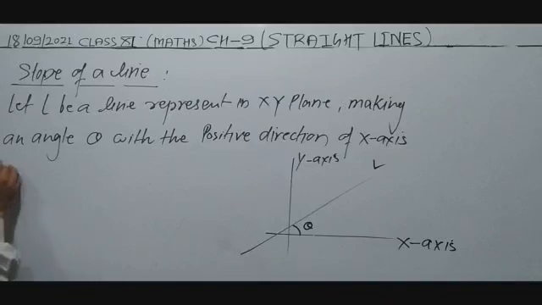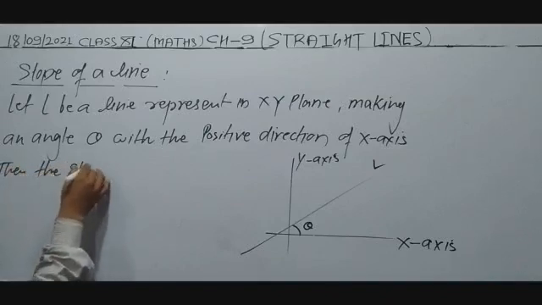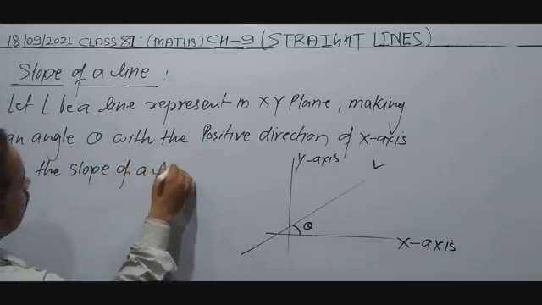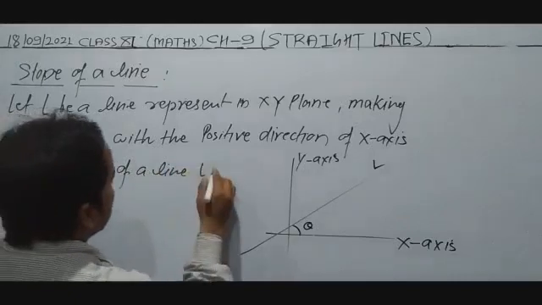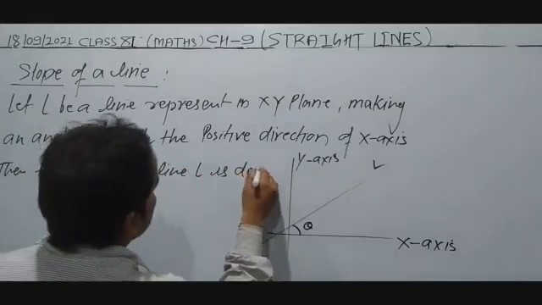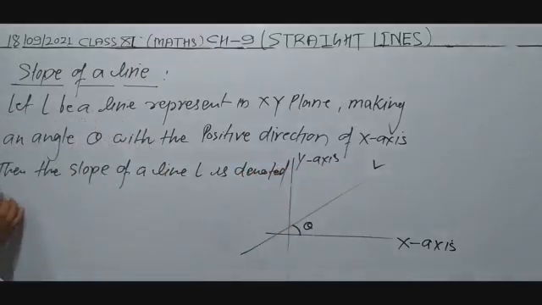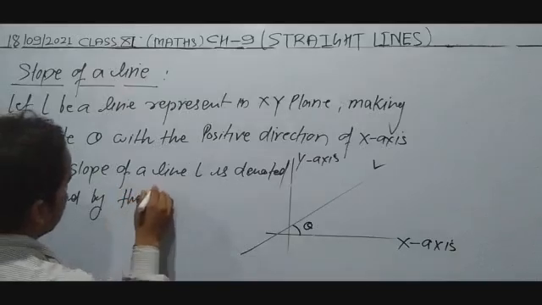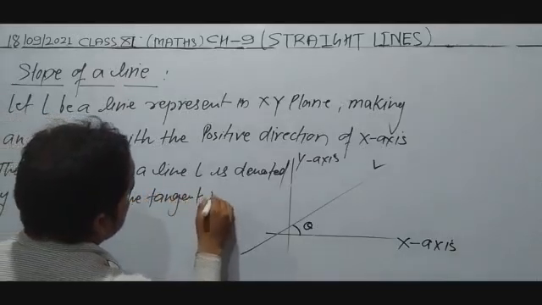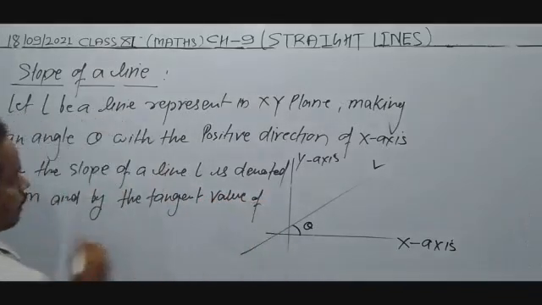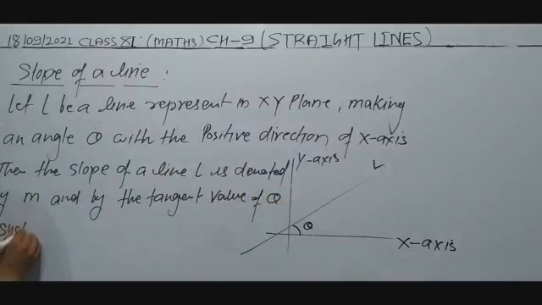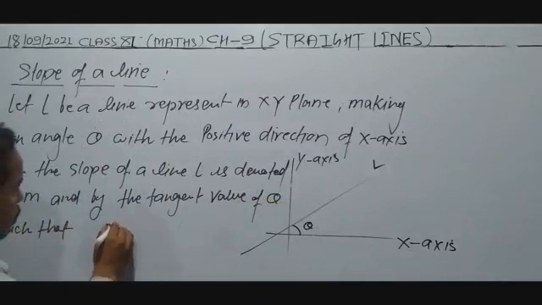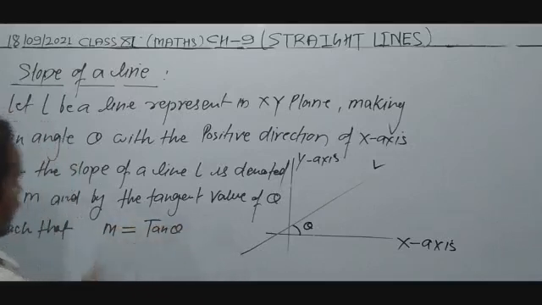Now the slope of a line L is denoted by small letter m of the English alphabet and defined by the tangent value of theta, such that m is equal to tan theta.